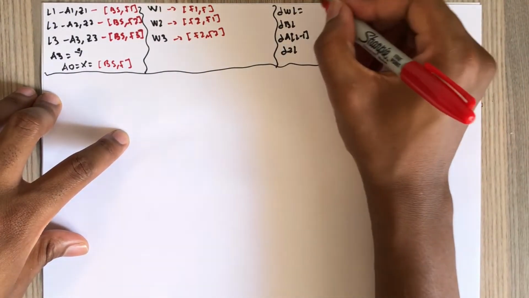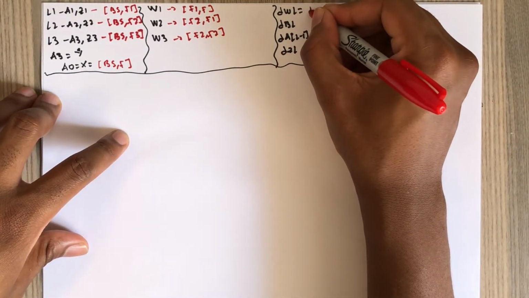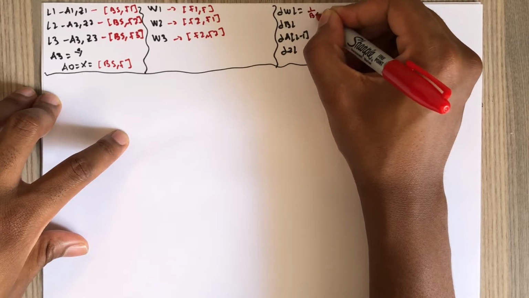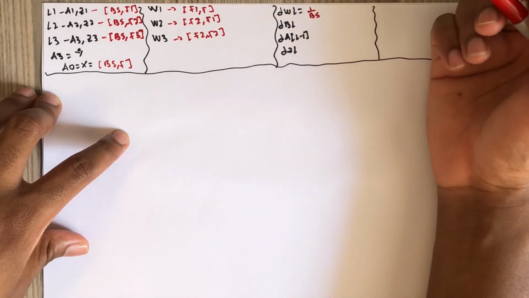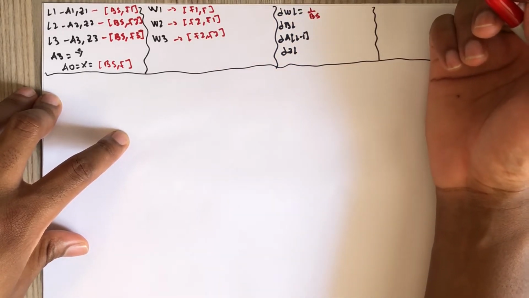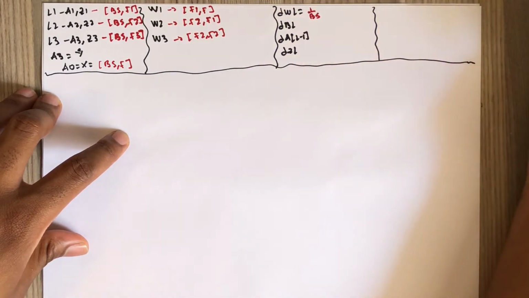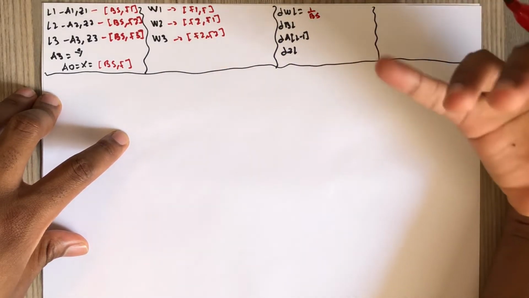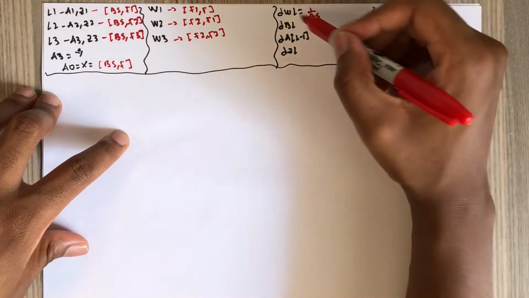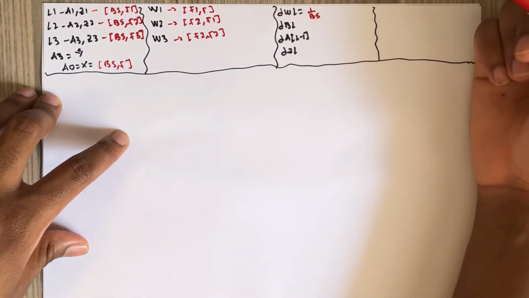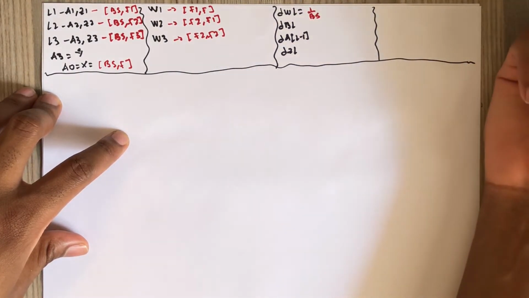Okay, dWL is 1 divided by BS. By the way, I got these formulas from Andrew Ng's course. And there might be slight variations in the dimensions, but it doesn't matter, you end up with the same results.